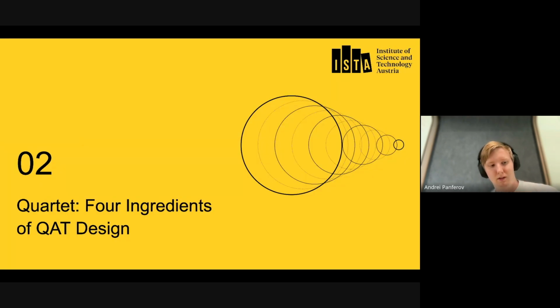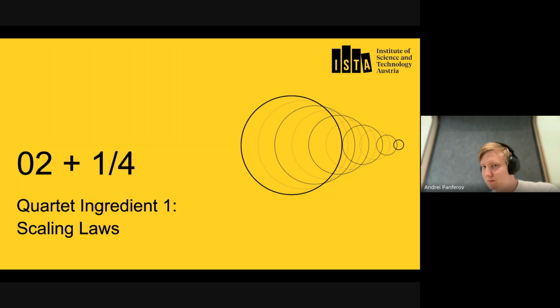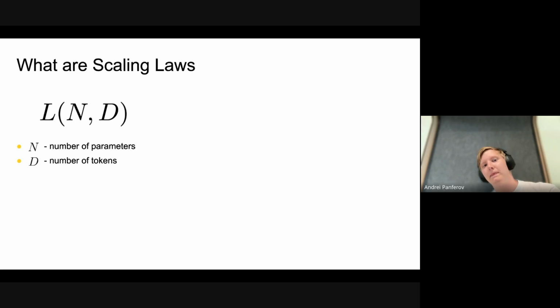Well, this is one of the goals of our paper, and to do this, we provide 4 ingredients for guidelines on how to actually design this comparison and what we can do to address all of the issues arising from this comparison. So, taking a look at the first ingredient, we want to build a predictive model of our model's performance to be able to extrapolate performance.